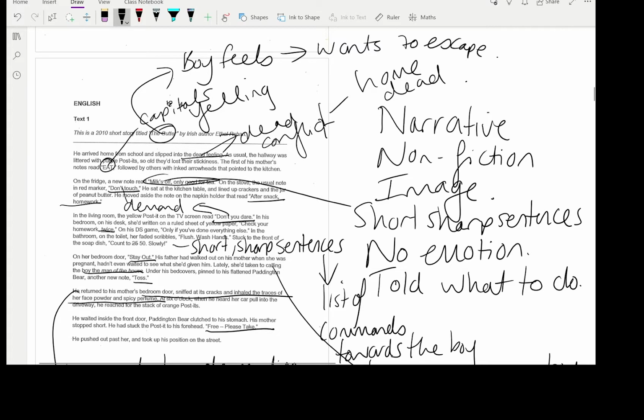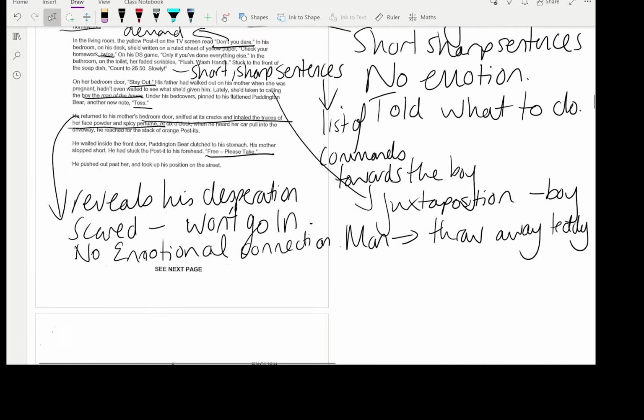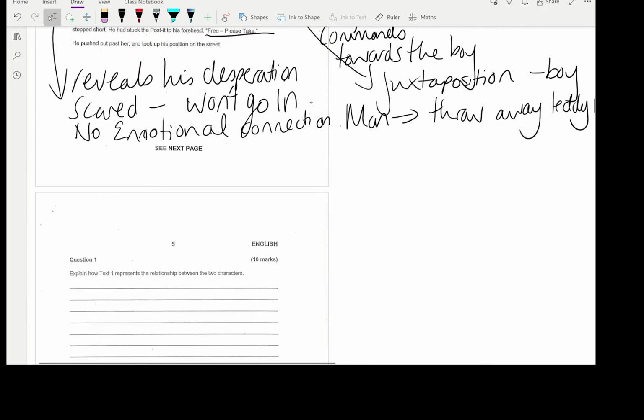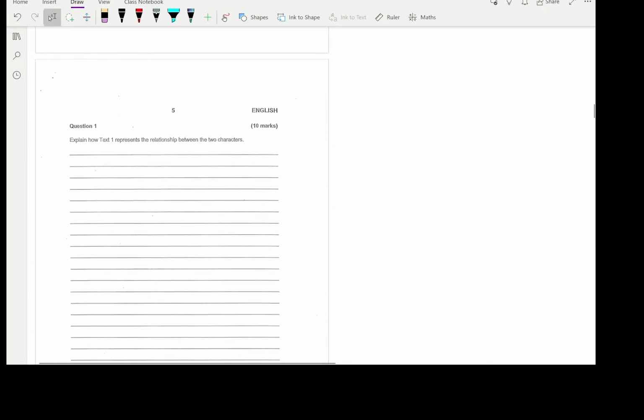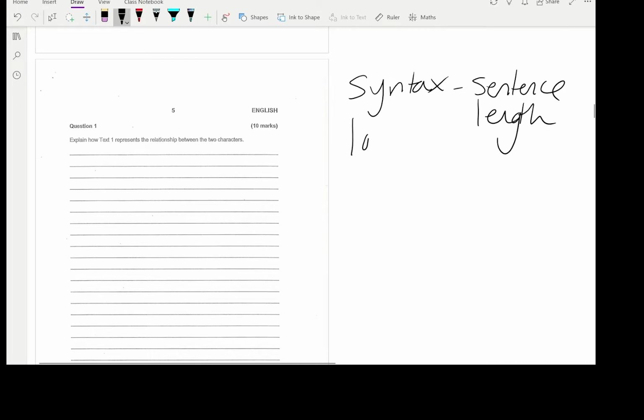So the question asks, how is the relationship represented? What techniques would we talk about? Well, we've talked a lot about syntax, sentence length. We've talked about the lack of emotive words. We've talked about the commands.